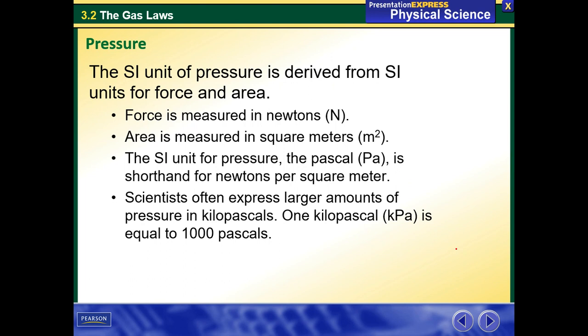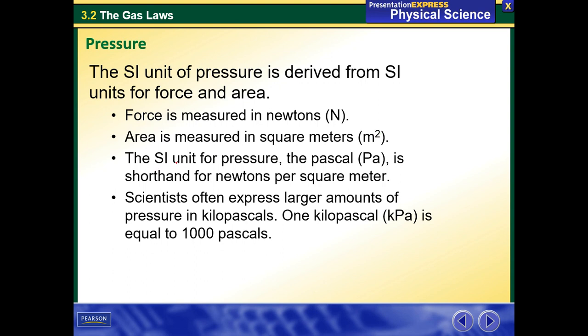Now, the SI unit of pressure is going to be derived from our SI unit of force and area. So let's go over units that you guys need to know. Force, its unit is going to be newtons, which is written with a capital N. Area is a derived unit from taking length times width, so our SI unit is meters squared.